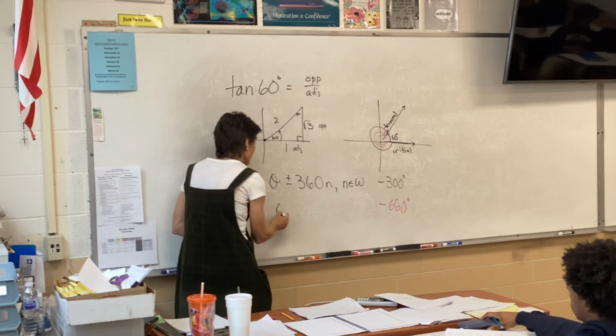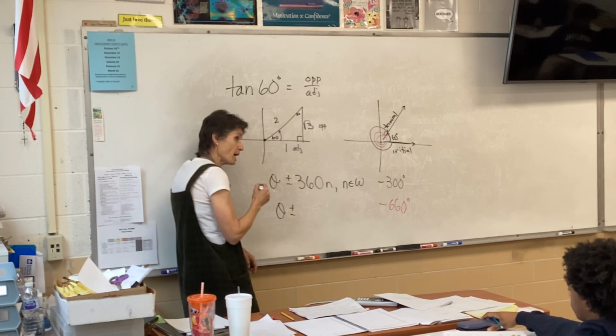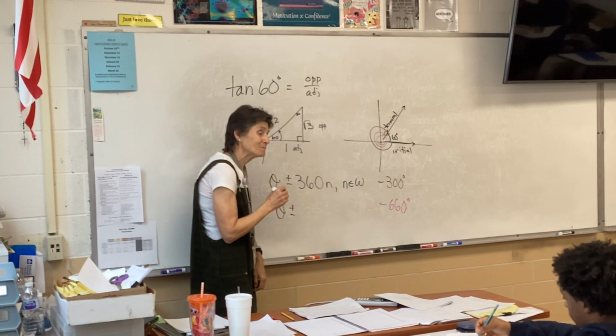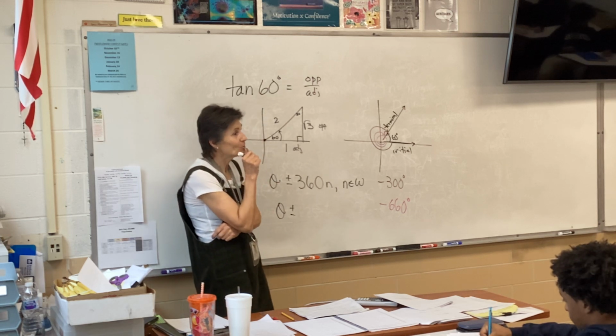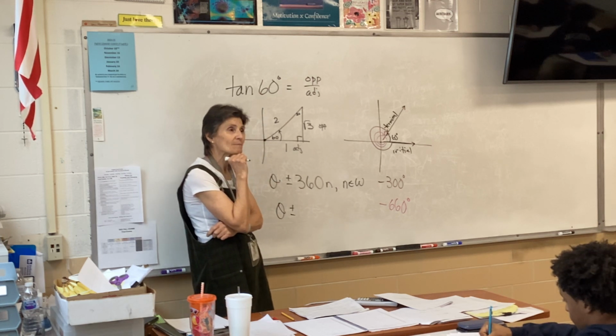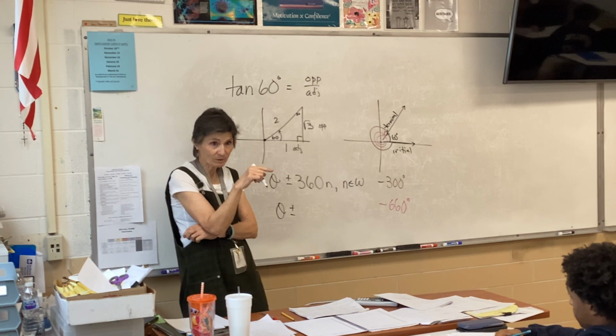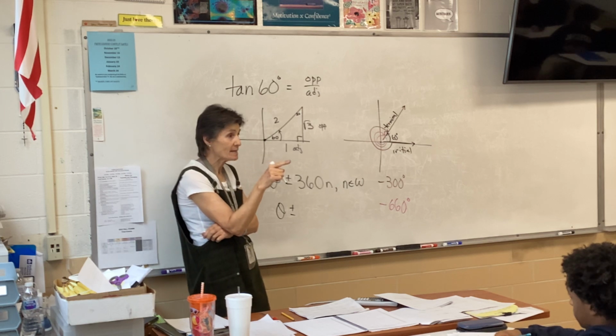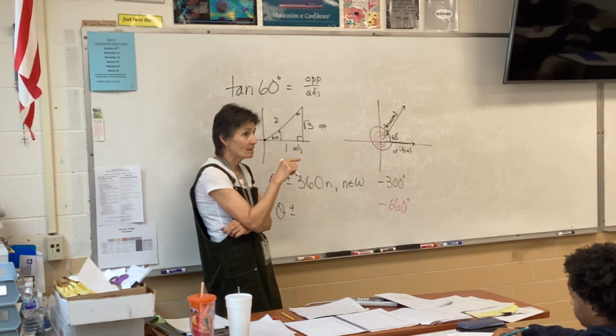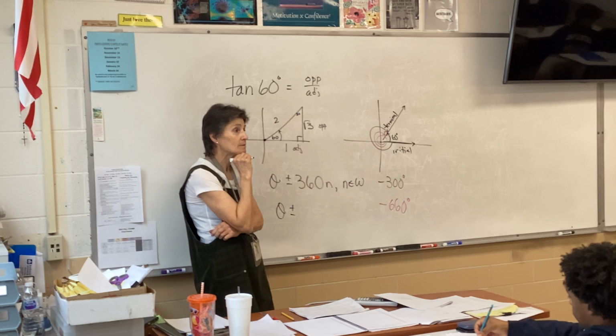Now, what if I'm in radians? What will change? Well, what's a revolution in radians? 180 is half a revolution, and 180 is pi radians. So what's a full revolution? 2 pi.